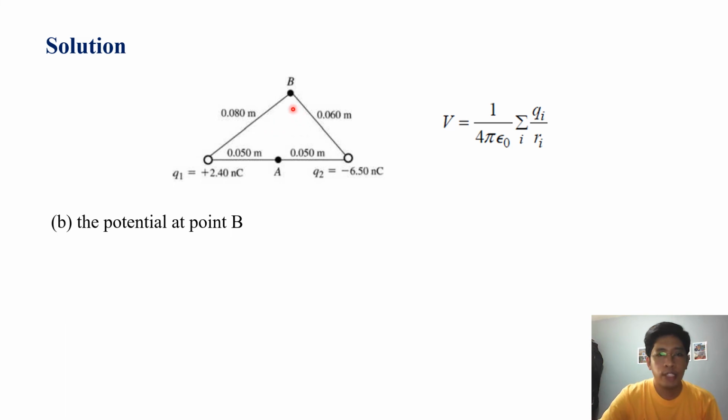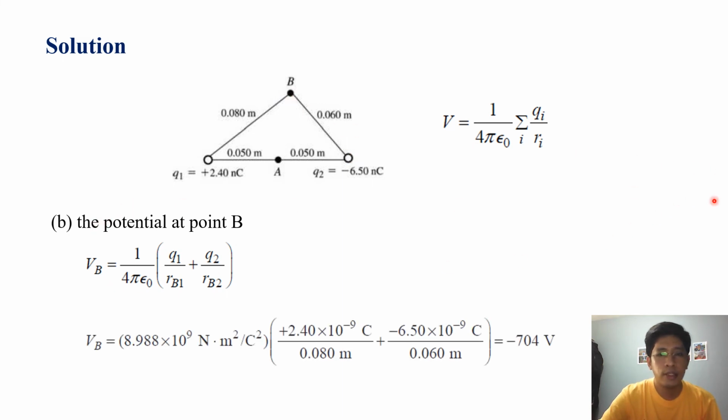Next, we find the potential at point B here. We still use the same formula. We still have the same point charges, but in this case, we have a change in the distance from point B. So you have your RB1 and then your RB2. Your RB1 is the distance from Q1 to B, and your RB2 is the distance from Q2 to B. So the same formula.